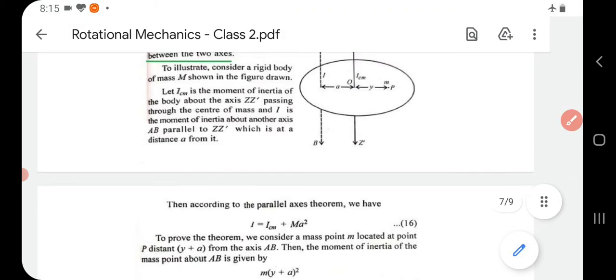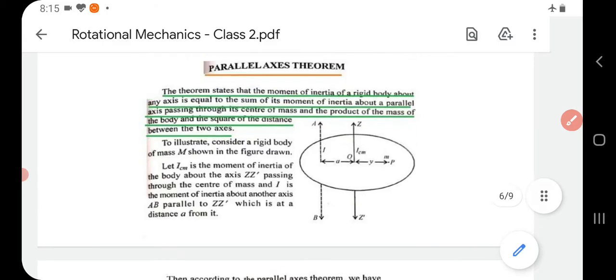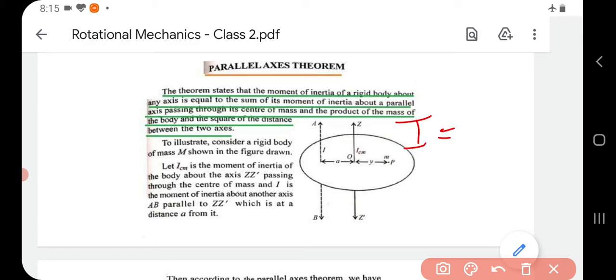Now let us see the proof, then the statement will be clear. The moment of inertia of a rigid body about an axis, that is I, is equal to the sum of the first term. What is the first term? Moment of inertia about a parallel axis passing through its center of mass.